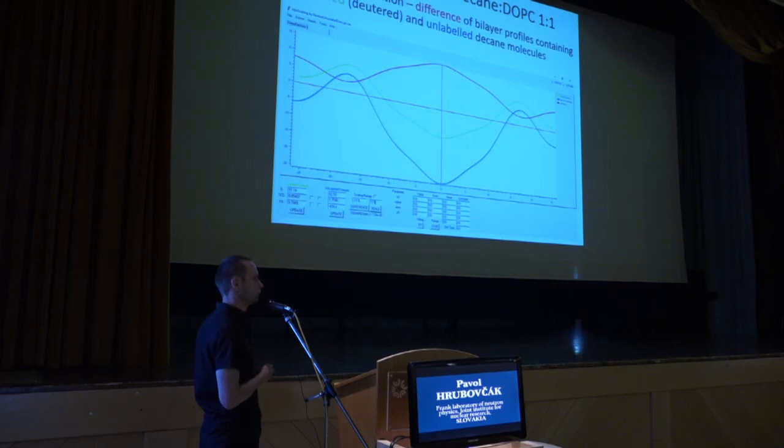And we simply subtracted this profile from the profile corresponding to the sample containing labeled molecules of decane, the green one. The red curve is the difference between those profiles, and it corresponds to the distribution of the label within the model membrane. I hope this picture is quite convincing, so I can claim that the molecules of decane are concentrated mostly in the center of the bilayer.